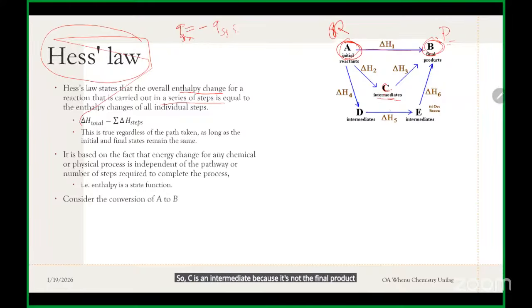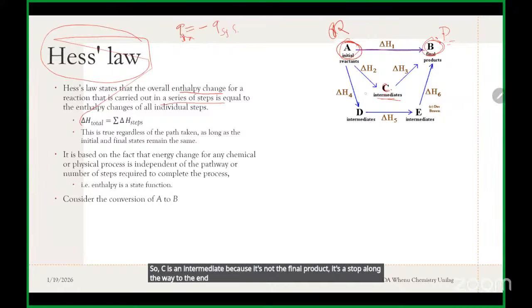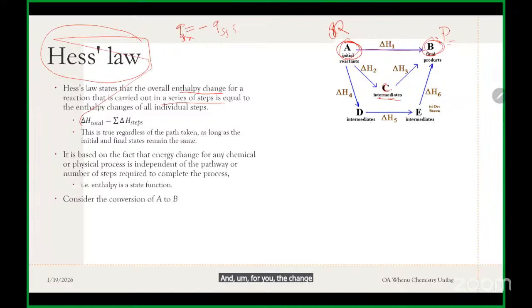It's a stop along the way to the end of the reaction. The change in enthalpy for A to C is delta H2. The change in enthalpy for C to B is delta H3.